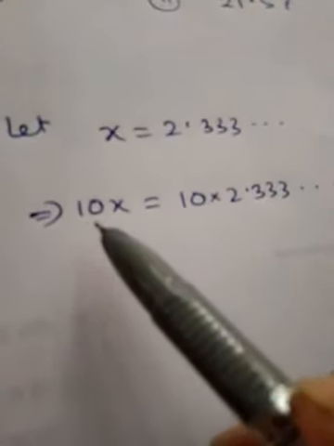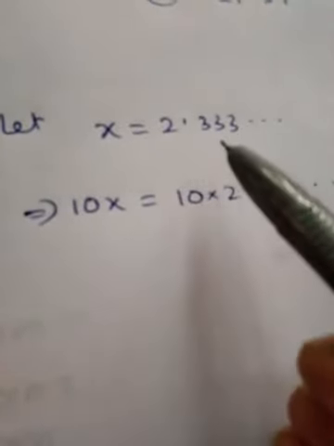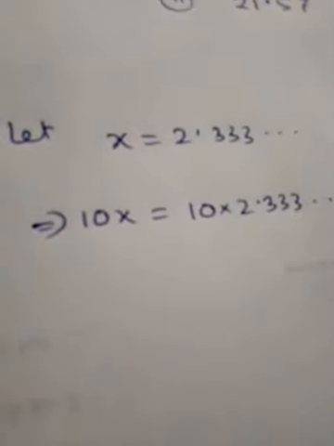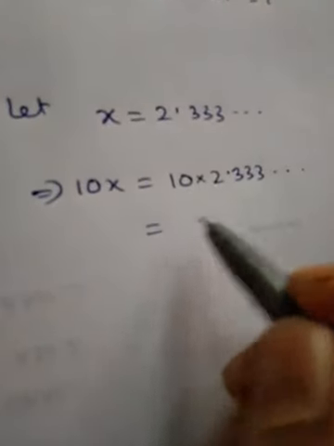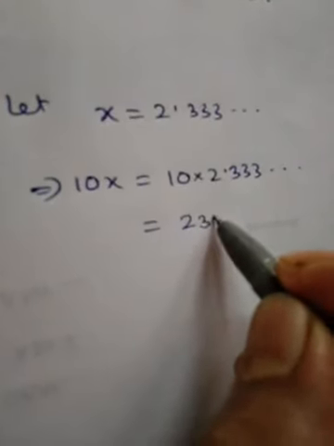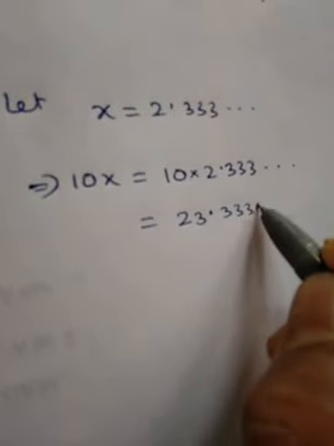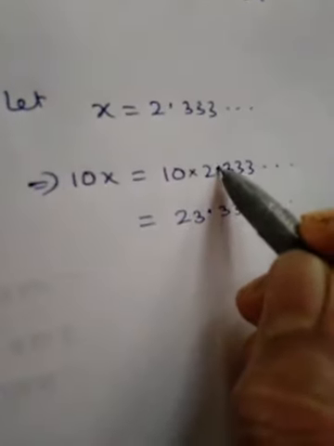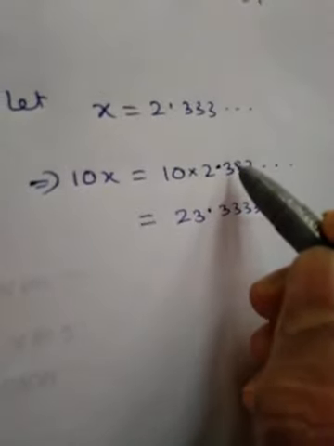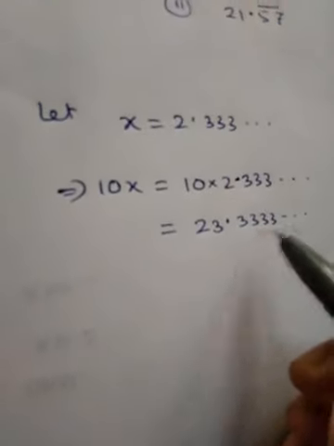So here 1 digit is repeating, so multiply it by 10. 10x equals 10 into 2.333. This will become 23.333. Because we are multiplying by 10, the decimal will go after one digit, so it becomes 23.333.